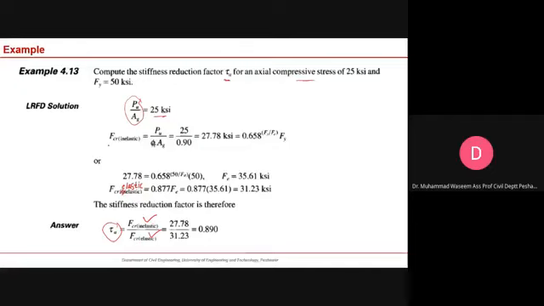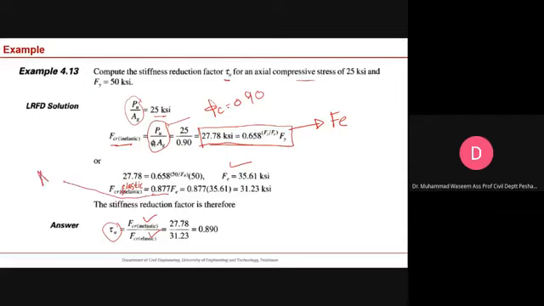As discussed, we calculate the inelastic critical stress with this simple formulation, where phi c is 0.9. Once you know the critical inelastic stresses, you plug in those values, use this equation, and estimate this value. Then you multiply it with the coefficient or reduction factor proposed by AISC.